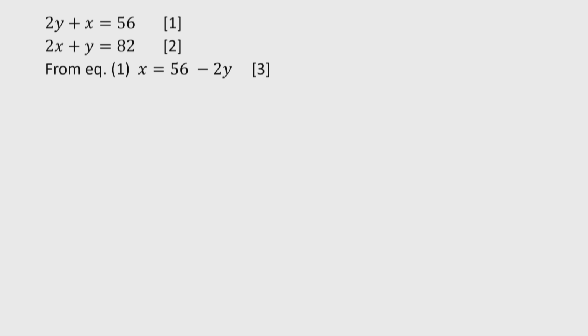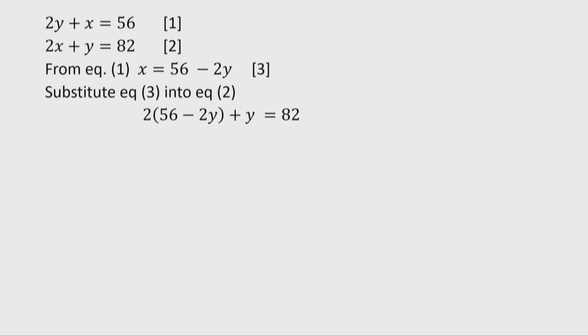From equation 1, I make x subject of formula. So x will be equal to 56 minus 2y. And I call it equation 3. What will be the next step now? Yes, to substitute equation 3 into equation 2. So we get 2 into 56 minus 2y plus y equal to 82.